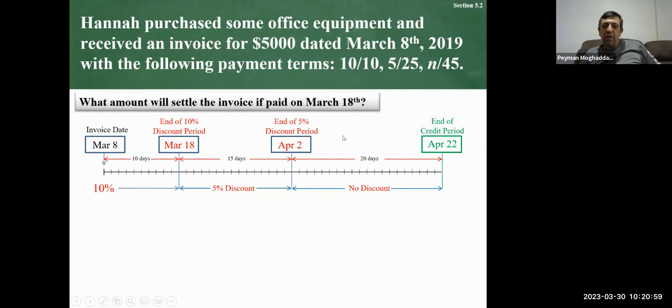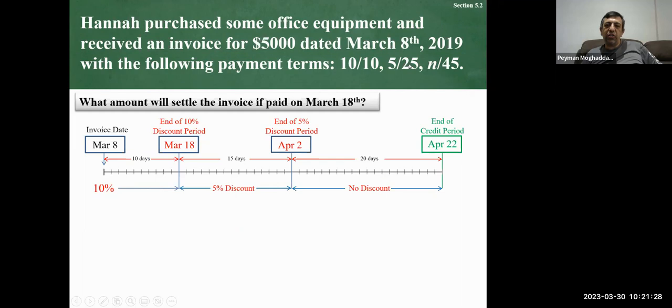So that's how you make that timeline. After you make these date points, you put the discounts in between them. The first one is 10%, between the second and the third is 5%, and between the third and the fourth is no discount, 0%. So 10%, 5%, and no discount.